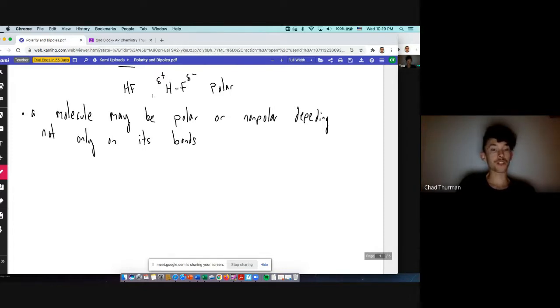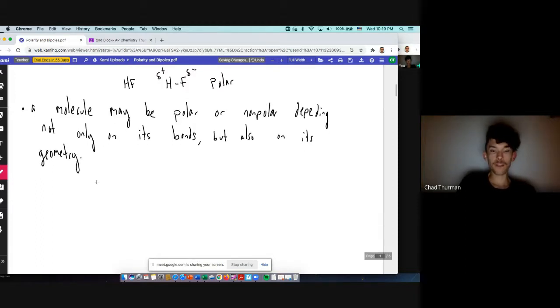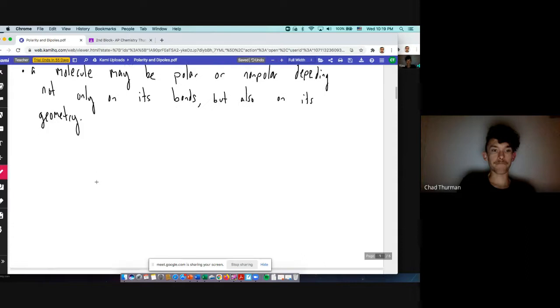So what we just got done discussing, if the pair of atoms results in a polar or nonpolar bond, not only on that, but also on its geometry, on its shape. And so here's an example.